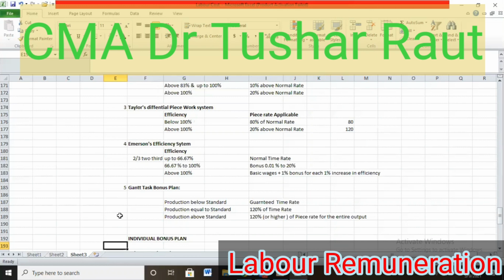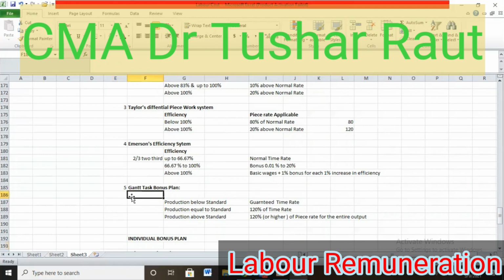And above 100%, if any worker works more than 100% efficiently, the basic wages plus a 1% bonus for each 1% increase in efficiency. For example, suppose someone is working at 105%, then he will get that extra 5% above this 20%. So he will get 100 and again 25% as a bonus.